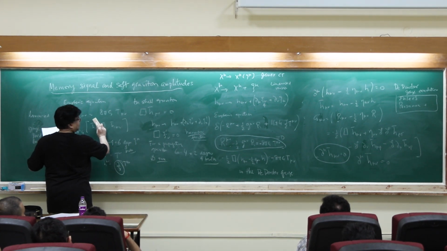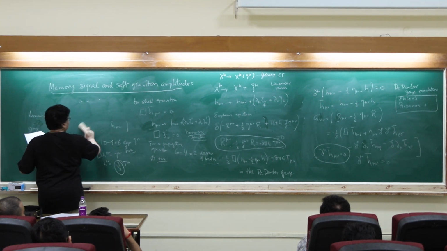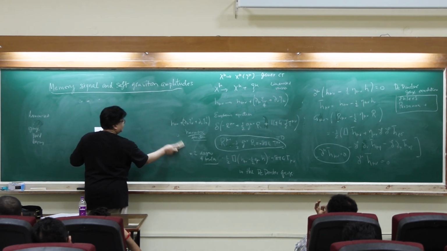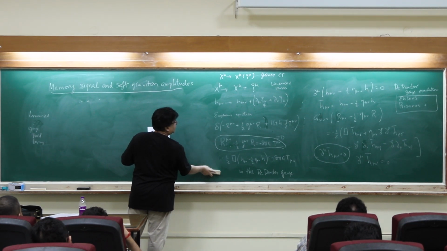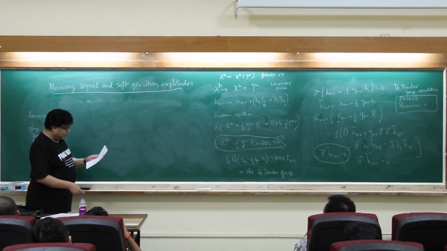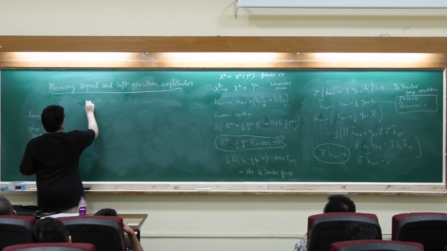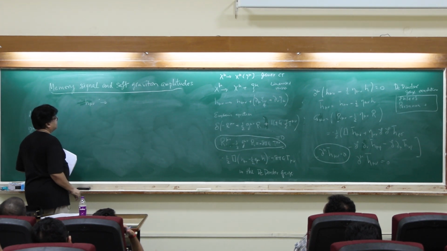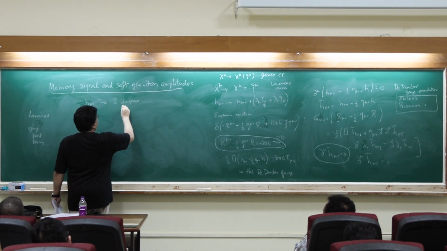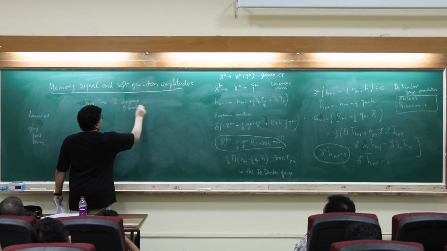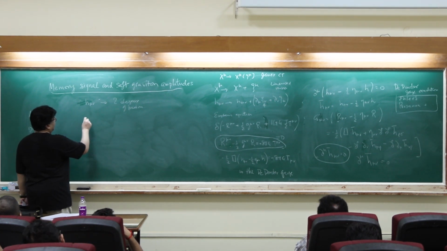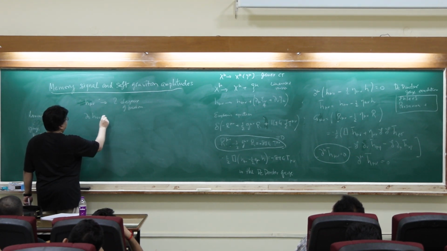Okay, so now we have this h mu nu. This gauge choice, which we had selected, ensures that del 0 h00 is 0.